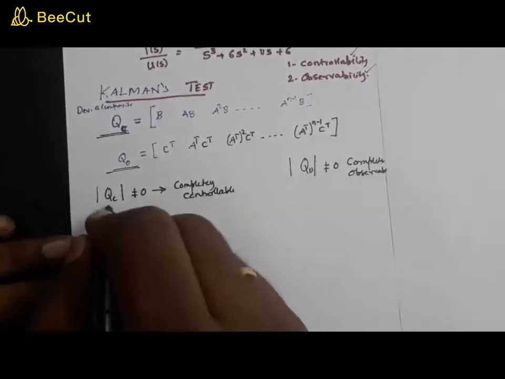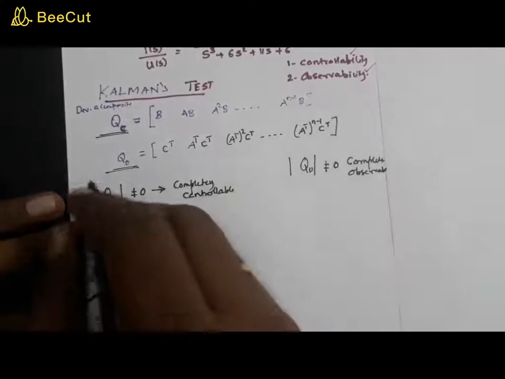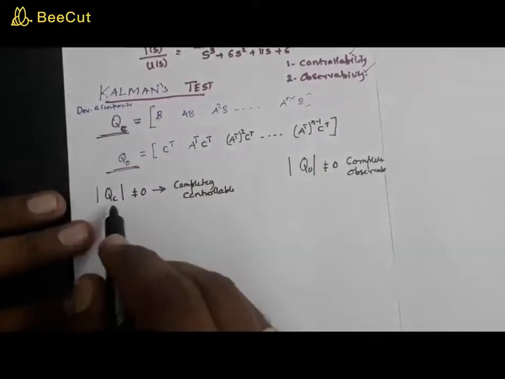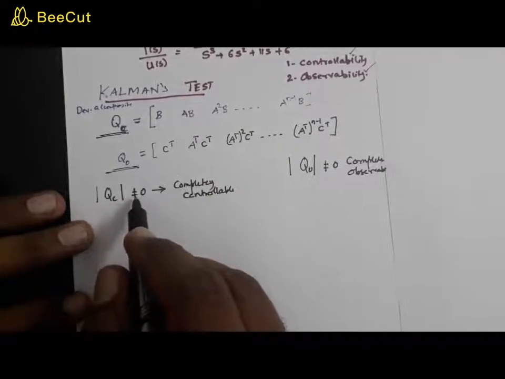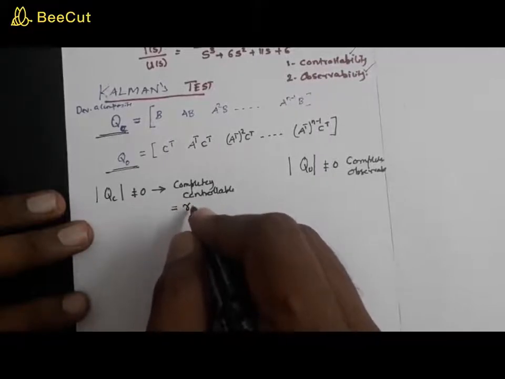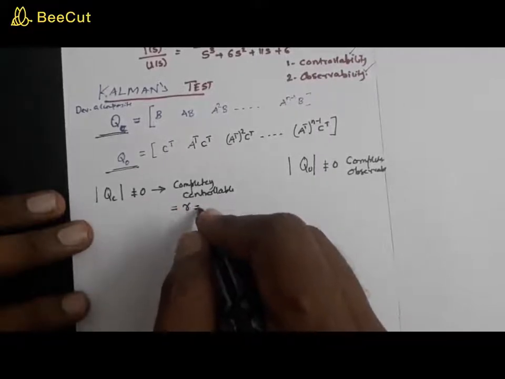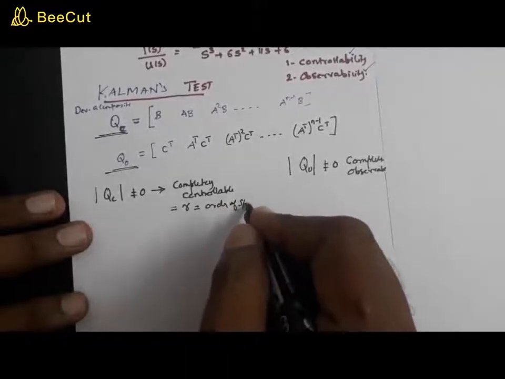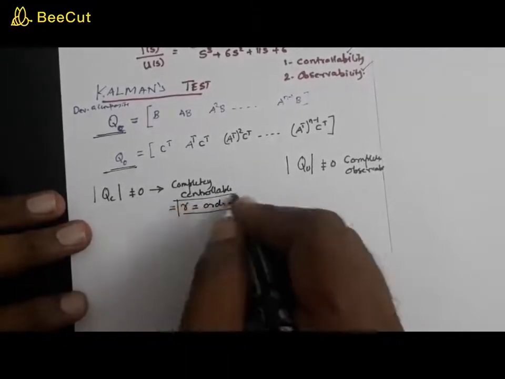So if a system needs to be completely controllable, QC, the composite matrix corresponding to the controllability, should not be equal to 0. If it is a non-zero quantity, the theory behind that is that the rank of this matrix will be equal to the order of the system. This is the basic concept.